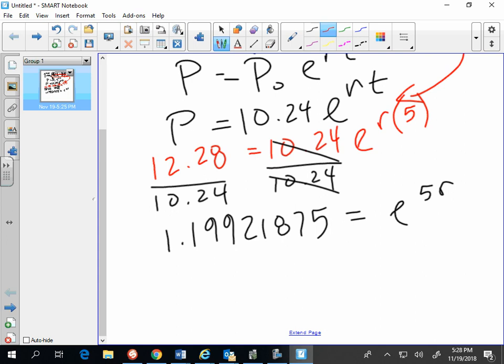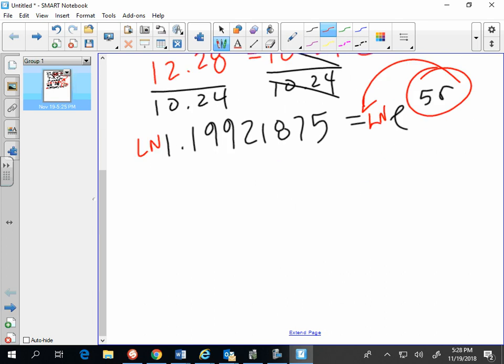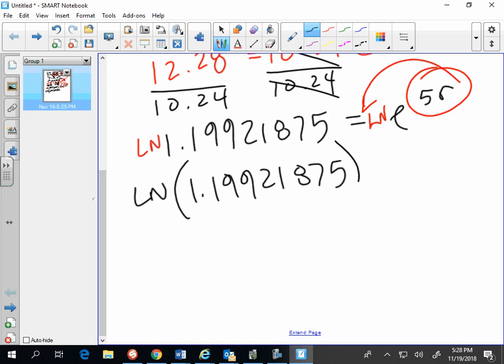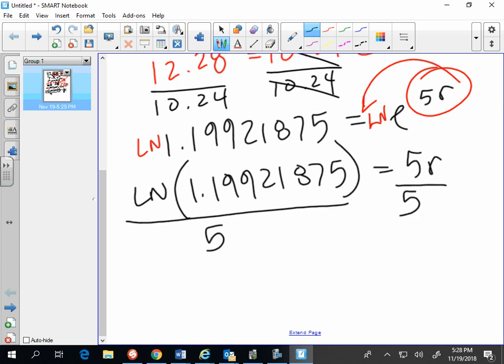Then I'll take the ln of both sides. I'll bring down this power with the power rule, and I'll have ln of 1.19921875 equals 5r. And if I divide both sides by 5, I'll get my r.